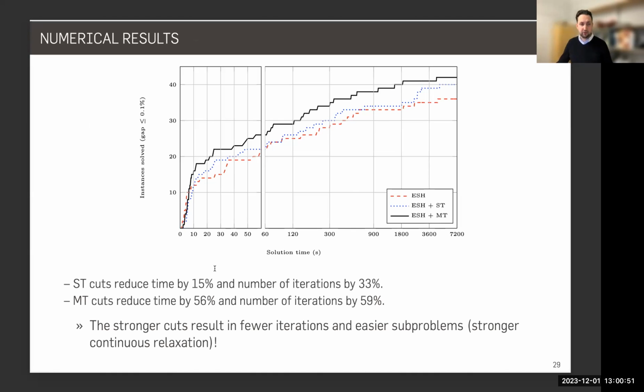The single tightening reduces runtime by about 15%, number of iterations by 33, and the multi-tightening, I want to point out that it doesn't come at an additional computational cost, and it reduces runtime by 56%, and it reduces the number of iterations significantly.